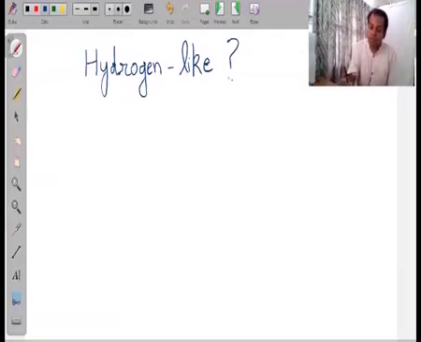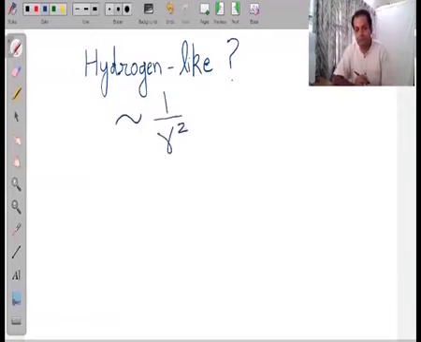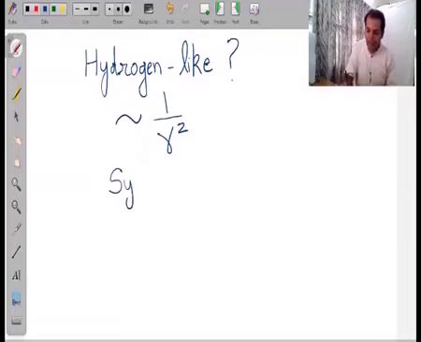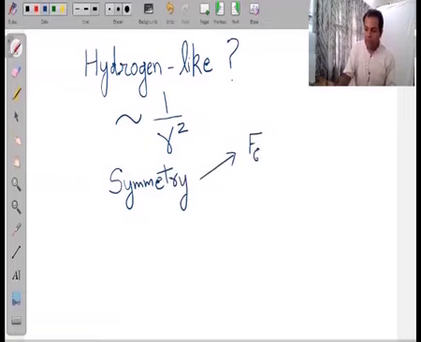Both the interactions, the electrostatic interaction as well as gravitational interaction, the forces go as 1 upon r square. The nature of forces is identical, and therefore the symmetry of the potential is identical, whether you have the gravitational problem or the Coulomb problem.